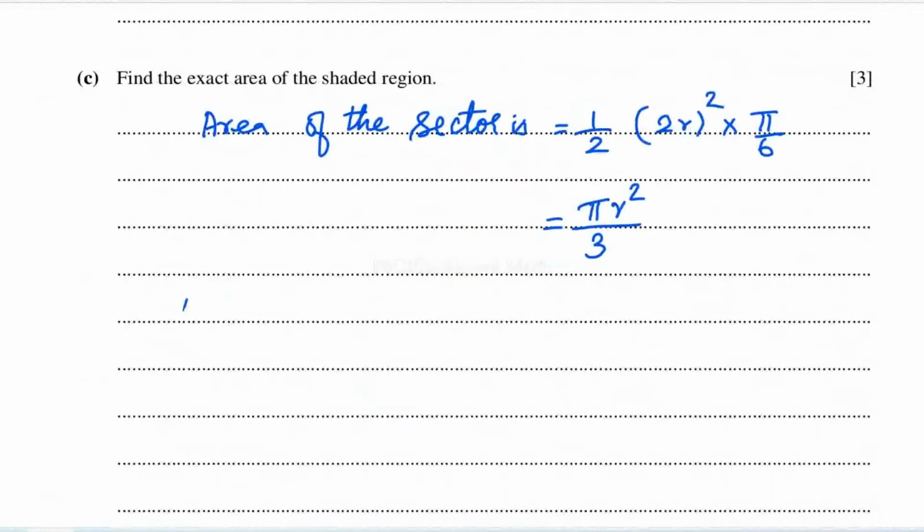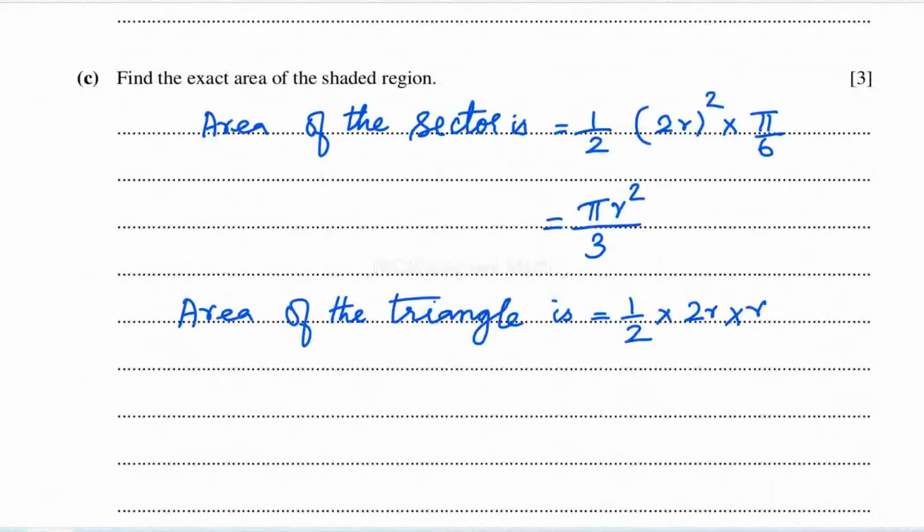The area of the triangle is one over 2 multiplied by one side 2r, another side r, and the angle is sine pi over 6. So r square sine pi over 6 is nothing but 1 over 2, so r square divided by 2.